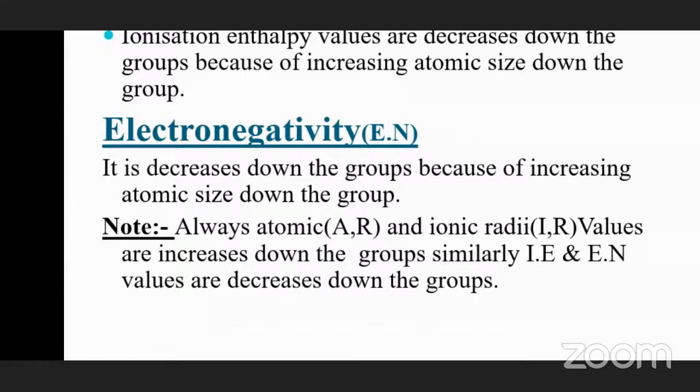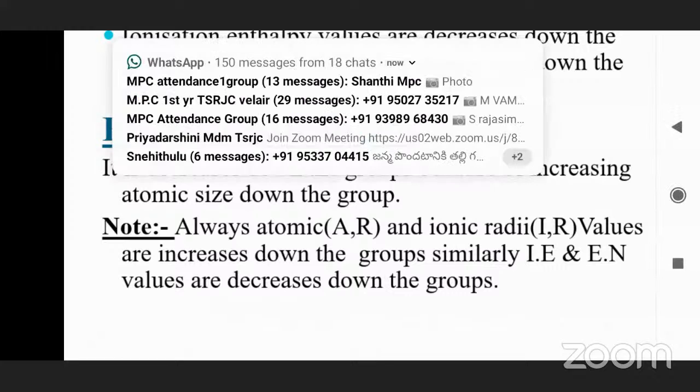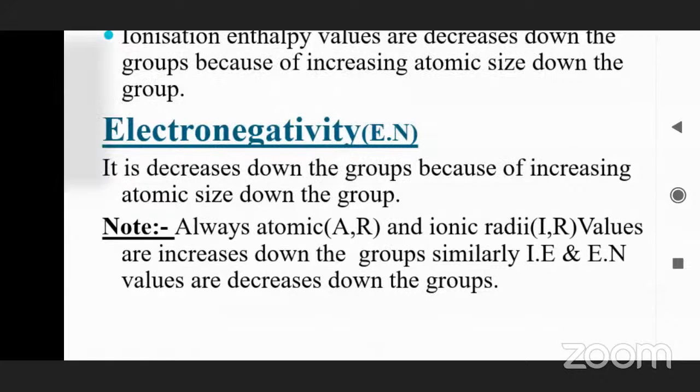Always atomic radius and ionic radius increase down the group, but ionization enthalpy and electronegativity values decrease down the group. Okay, always decreasing values in the group increase in the period, and increasing values decrease in the period. So that's why group values are quite opposite to period values.